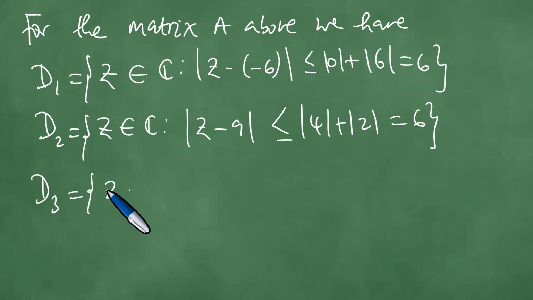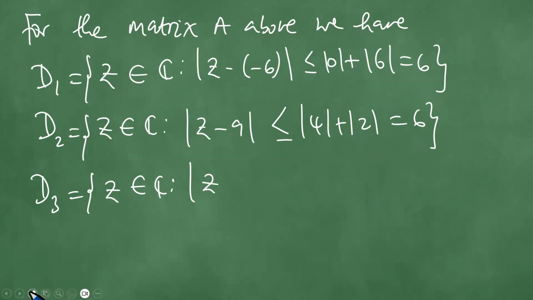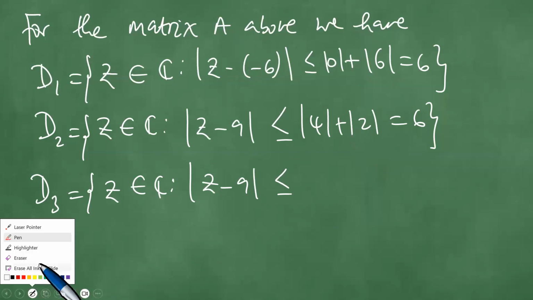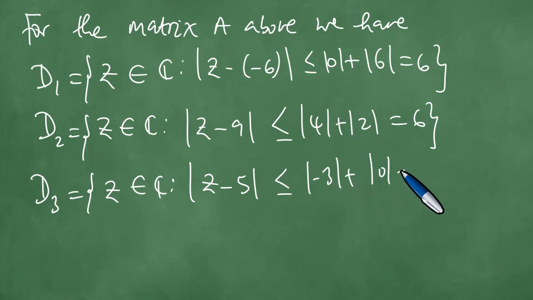Disk 3: z an element of the complex numbers such that z minus, okay, these Gerschgorin circles are very important when we are looking at the intermediate eigenvalue. Absolute value, so minus 5 here, and this is minus 3 plus 0, 3.